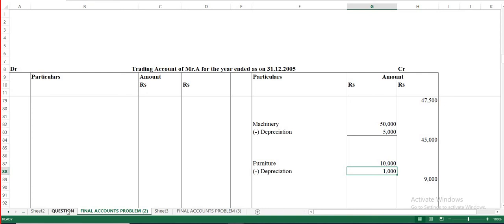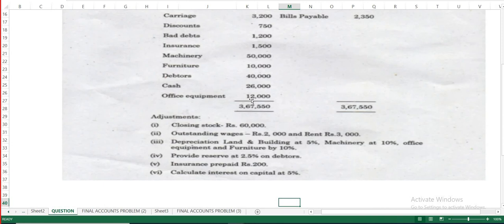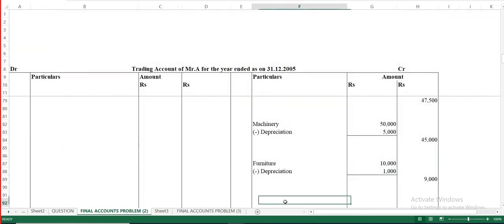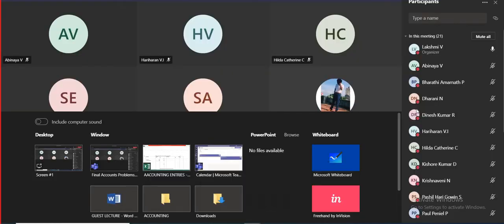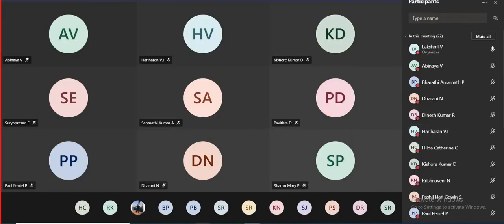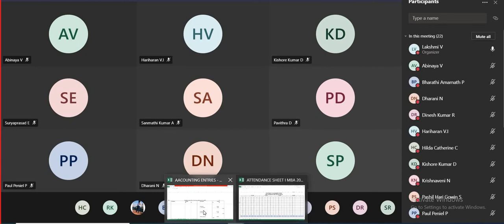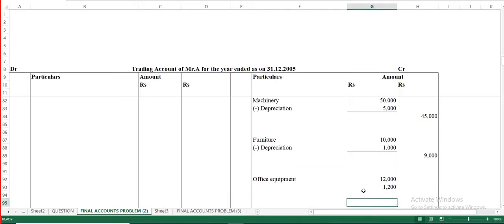Then any other fixed assets, office equipment 12,000. So again 10% depreciation, 1,200. Office equipment 12,000, depreciation is 1,200.